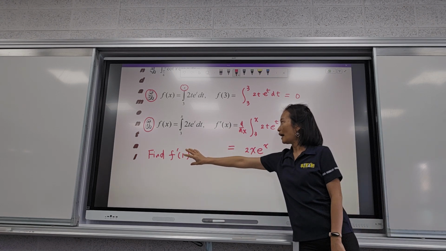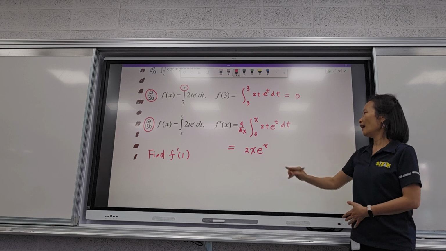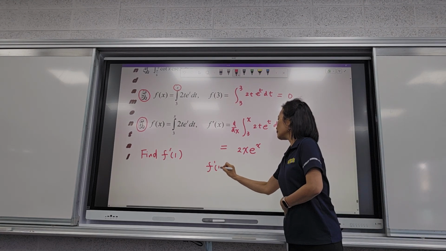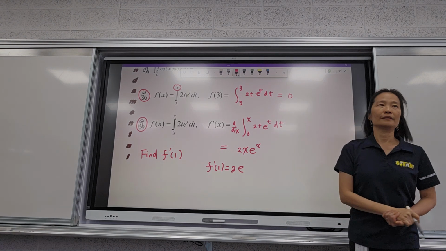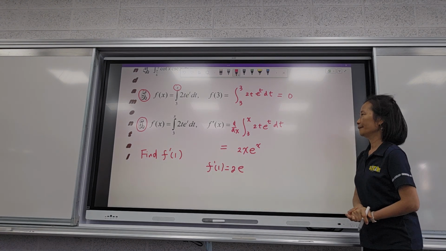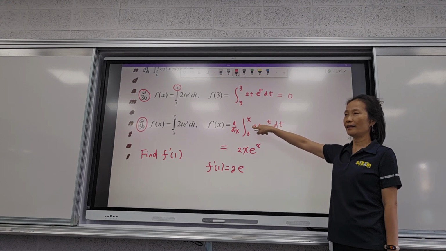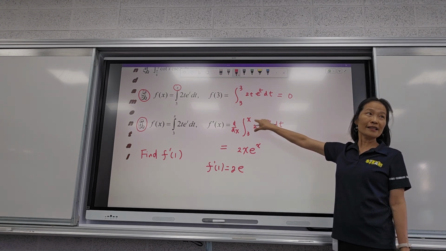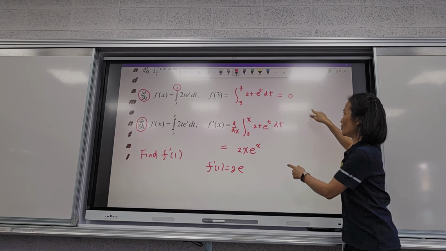Yeah, you need to find the derivative function first, and then substitute 1 into it. This is more straightforward because there's no inside function on top and bottom. If there is, then you will have to find the function and substitute that.